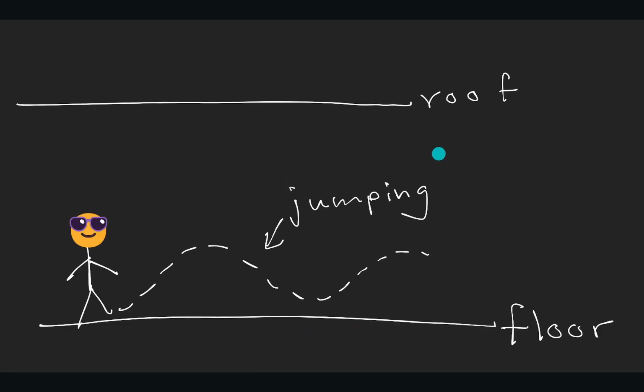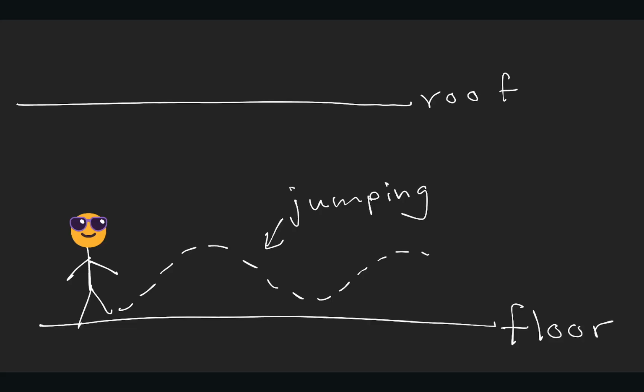So it's kind of like this. Let's imagine you are in your room and you're jumping up and down between the roof and the floor. No matter how hard you jump, you will always be below the roof.